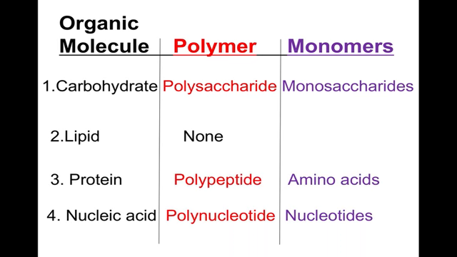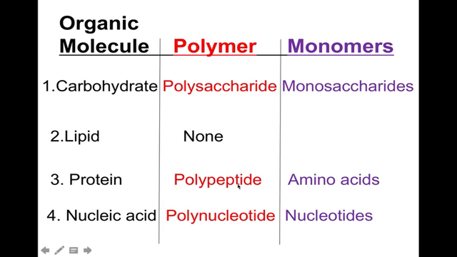Each of these organic molecules has a polymer and monomer, except lipids. Lipids do not have polymers and monomers. The polysaccharides are the polymers of carbohydrates. Monosaccharides are the monomers of carbohydrates.